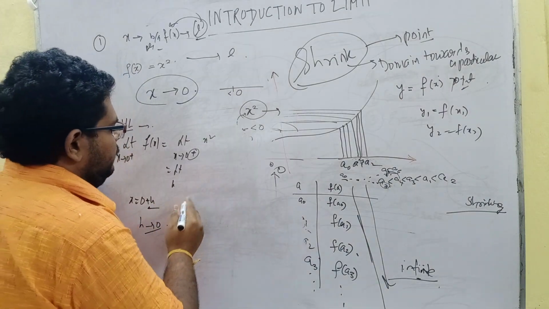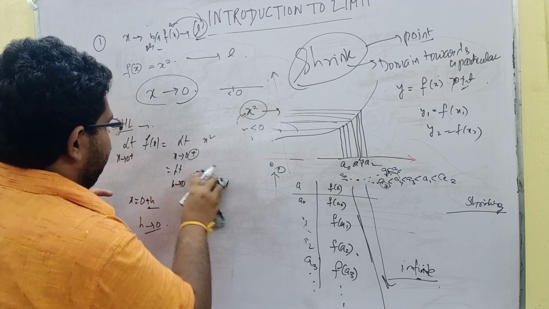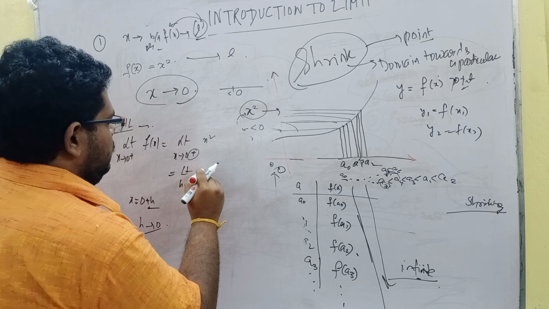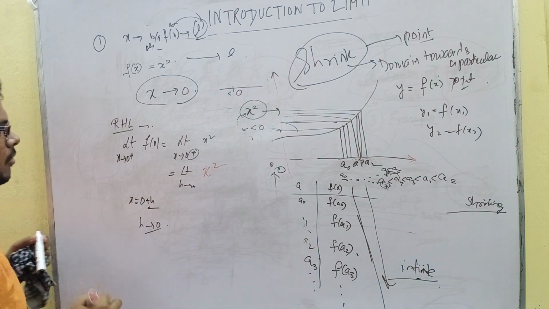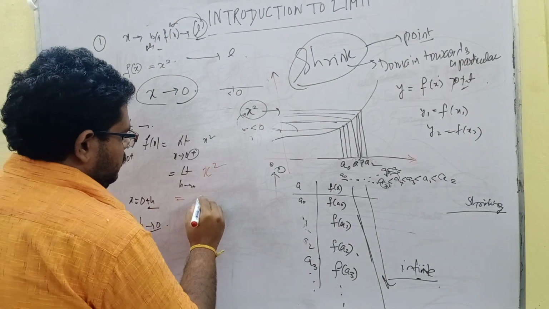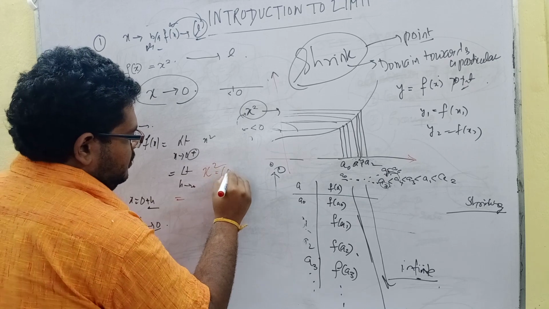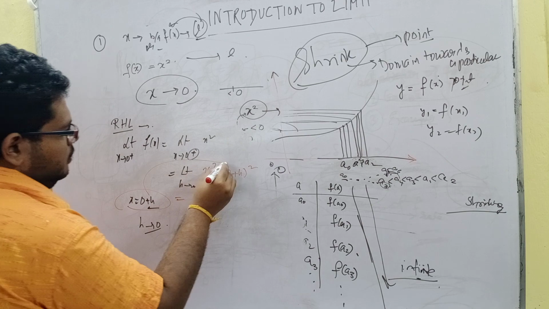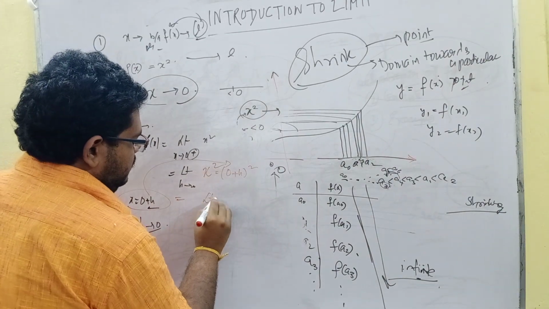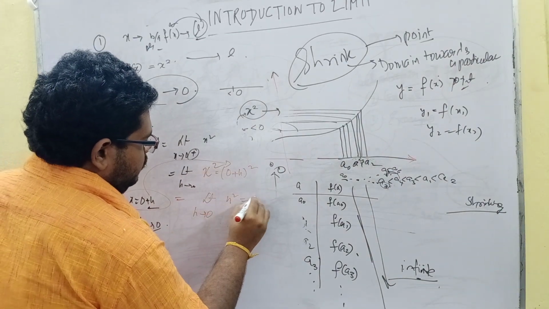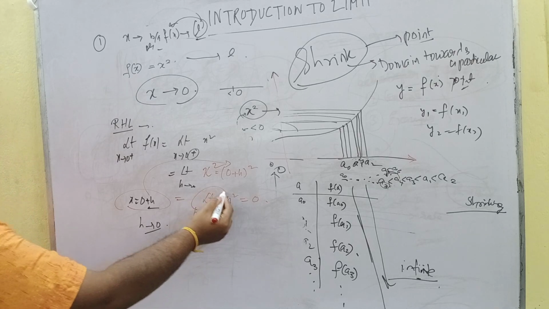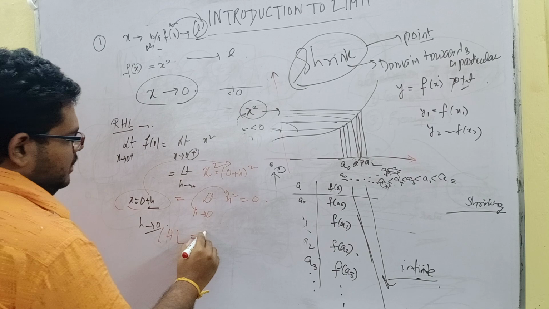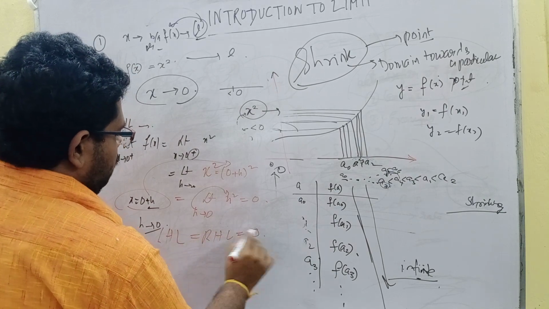So we will write h tends to 0 and x square. Now obviously x is 0 plus h whole square, because we have made the substitution. So it is limit h tends to 0, h square, which is 0 again, because 0 square is 0. So LHL equals RHL equals 0.